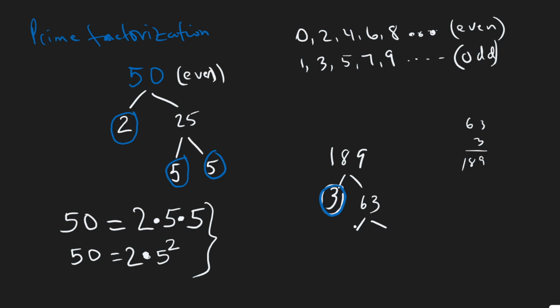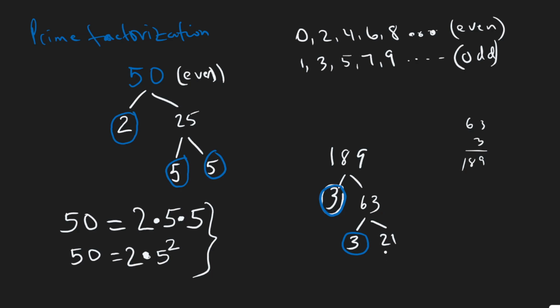So 63, once again, this number is odd. We divide by 3. So 63 divided by 3, it's 3 and 21. Because 3 times 21 is 63. 3 times 1 is 3. 3 times 2 is 6. And once again, this is another prime number. You keep it here. And let's go another one.